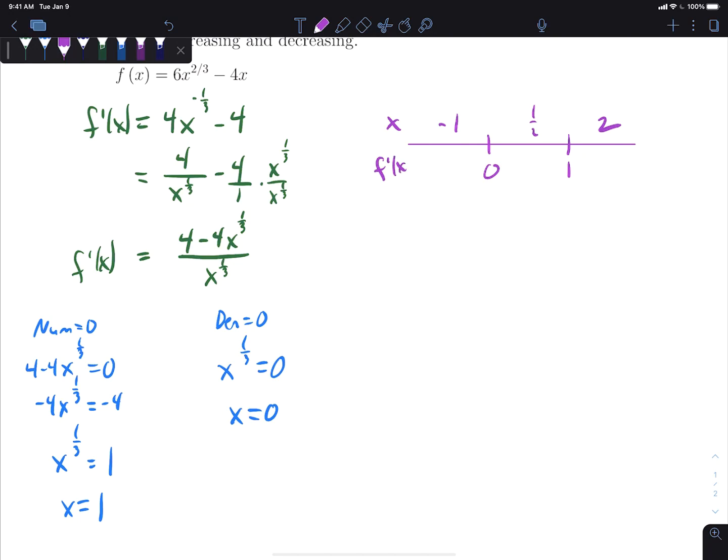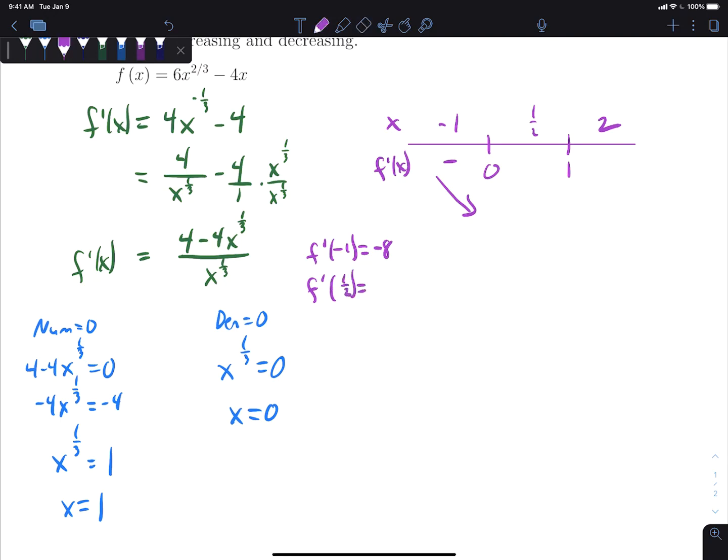And we're going to plug those into the first derivative. Now, at negative 1, you're going to get negative 8. In other words, f prime of negative 1 equals negative 8. So it's going to be negative in that region. In other words, the function is going down from left to right. And whenever you plug in a half, that's going to give me approximately 1.0397, because this is not an exact value.